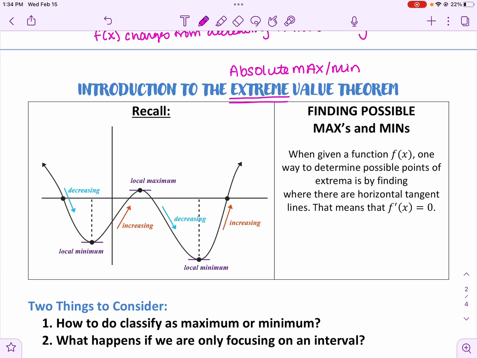So if I were to look at this function, given in terms of where it increases or decreases, and I'm looking at absolute maxes and absolute minimums, let's focus first on the absolute min.